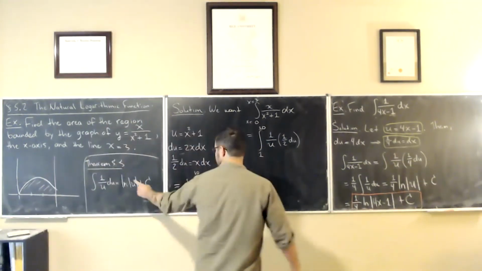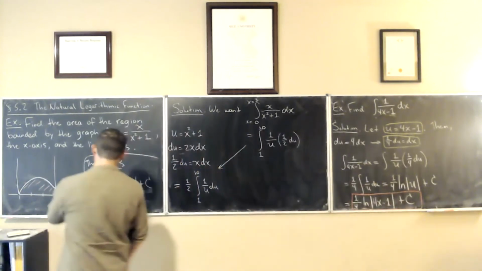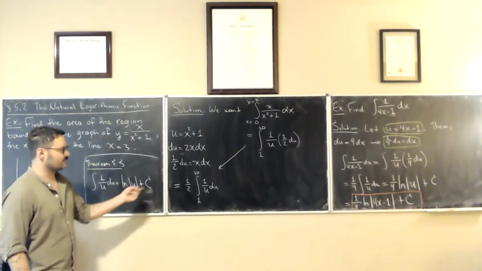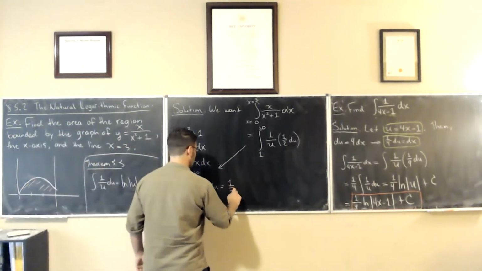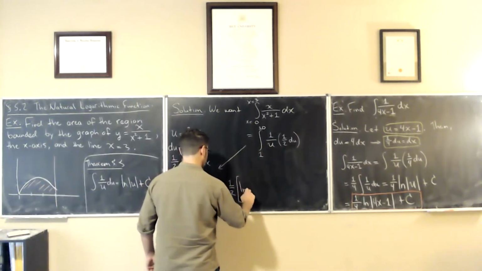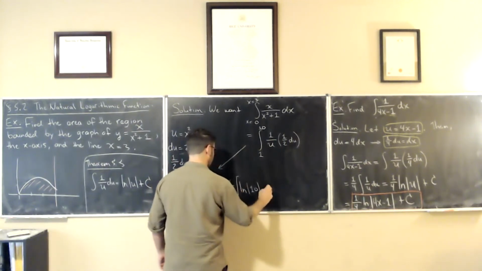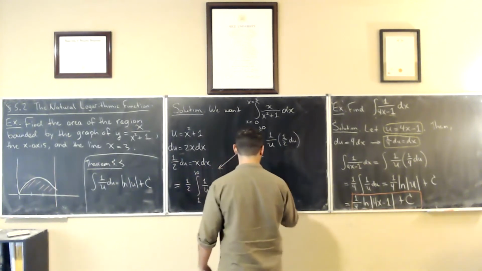Now that looks like the indefinite form, this is the definite form, so we'll just have natural log absolute value of u in this case. So, natural log absolute value of 10 minus natural log absolute value of 1.